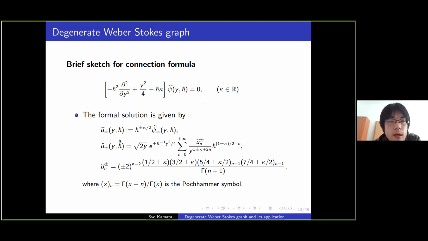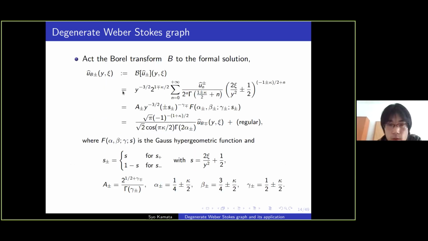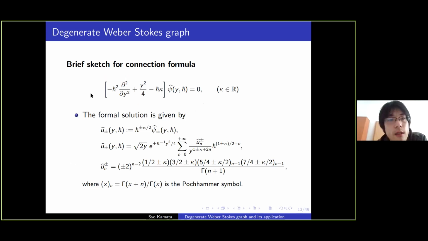Okay, so now we want to get the formal solution of this Schrödinger equation. Firstly, we redefine this wave function by using u, which is given by this. By using explicit calculation, we can get this kind of formal solution.